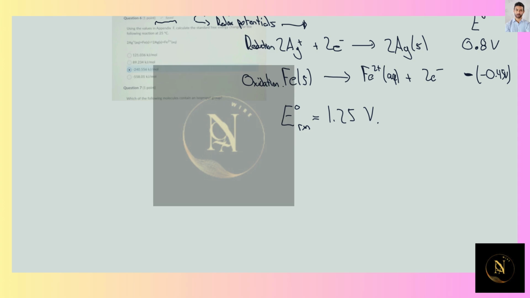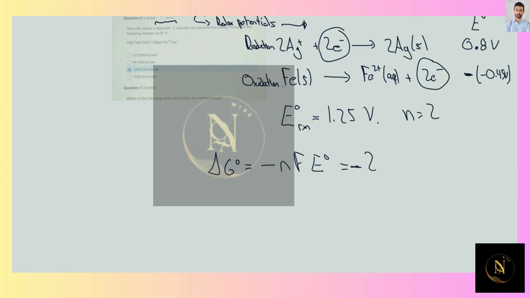Now, we're going to employ the fact that delta G standard is equal to minus N times Faraday's constant times the E0 potential. The value for N is 2, since we have exchanged 2 electrons in our reaction, so this would be minus 2 times Faraday's constant, which is 96,500 coulombs per mole, times the potential, which is 1.25 volts.